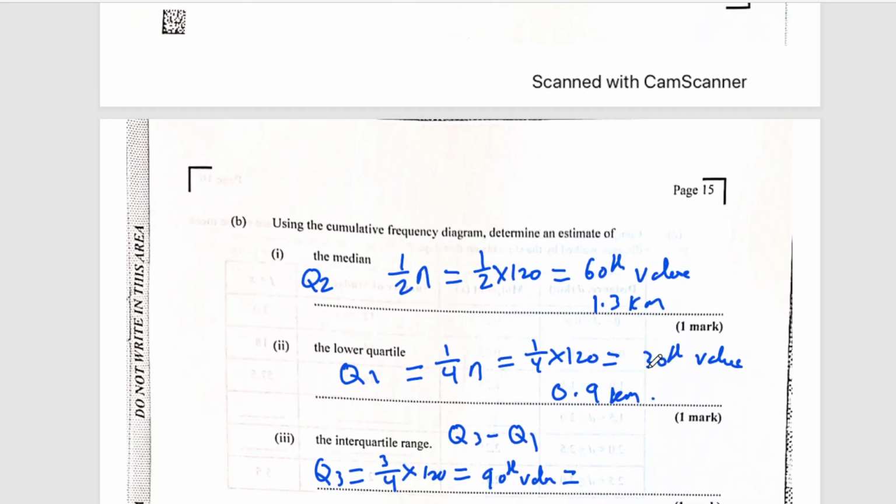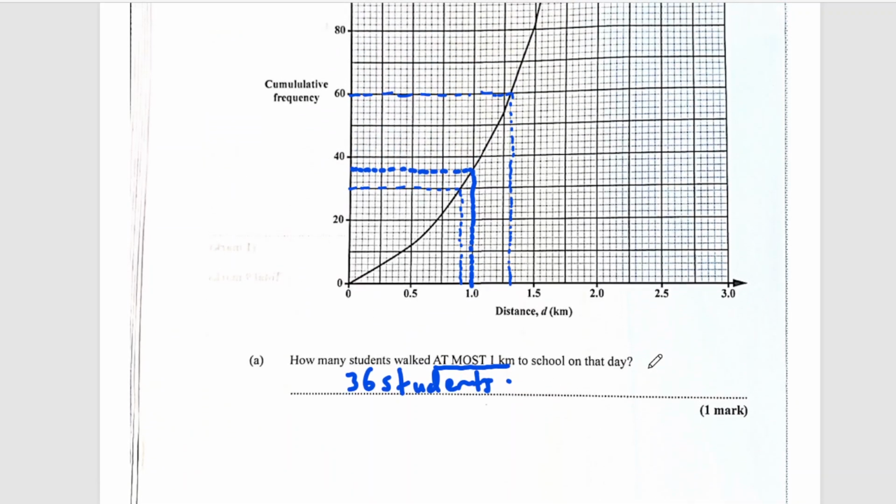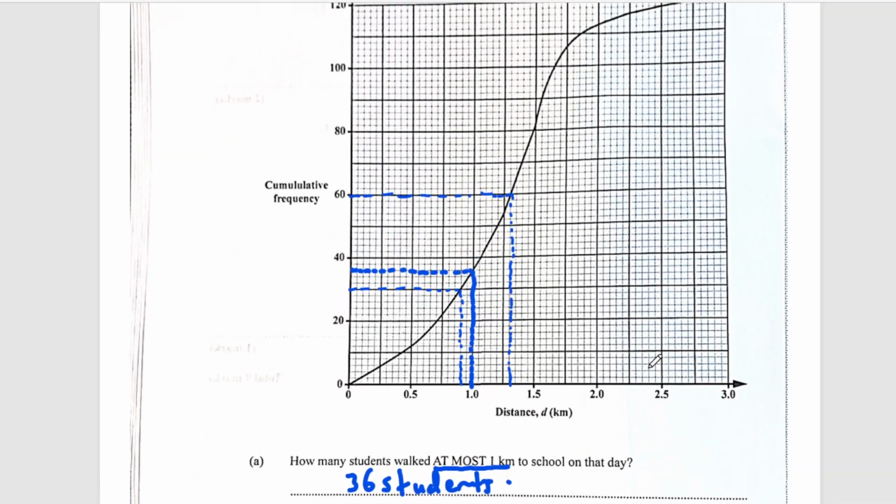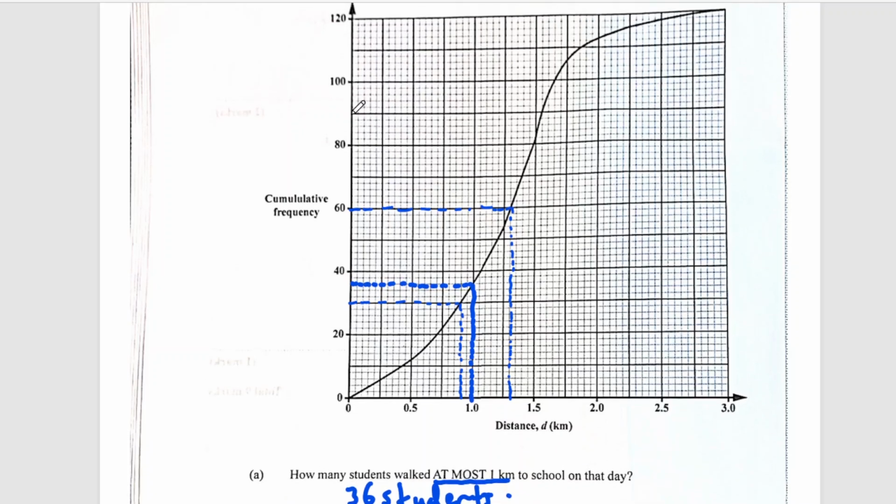So now we go back to our graph again. And now we're looking for the 90th value. 90 is up here. Come across. Bounce the curve. Come down. There. Right? That is 1.